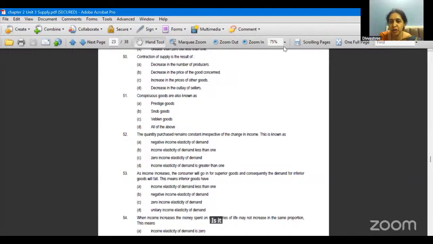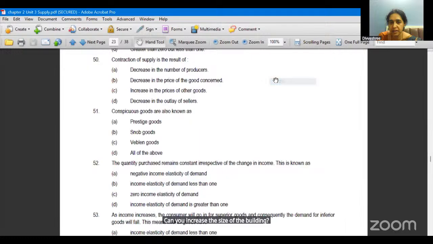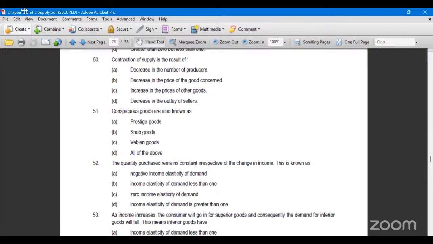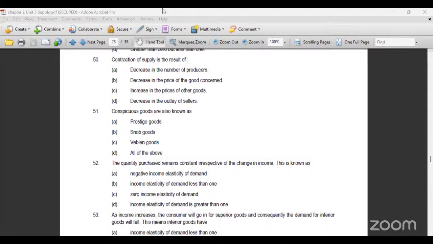Is it too small to read? Can you increase the size a bit, ma'am? Yes. You please tell me when I have to scroll it down.